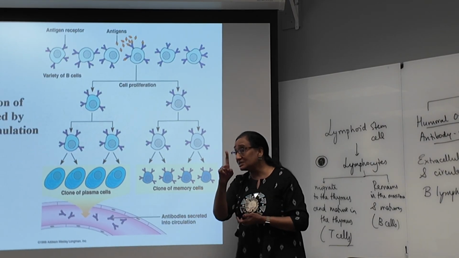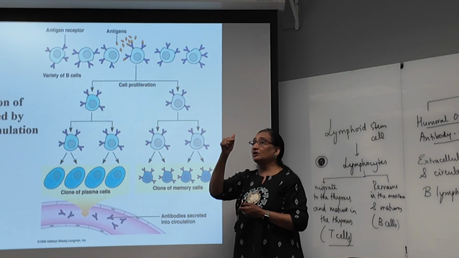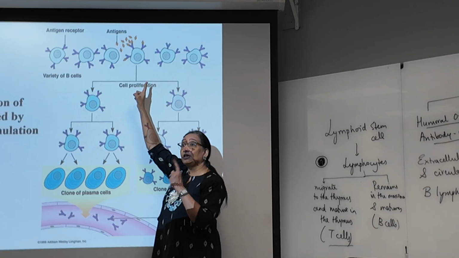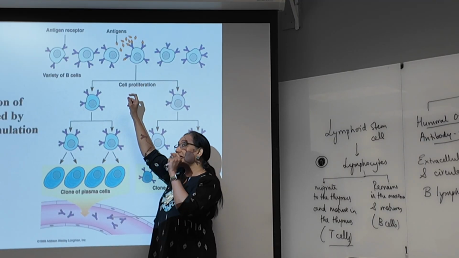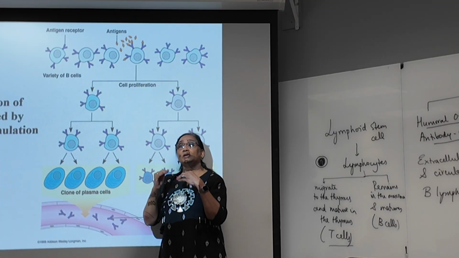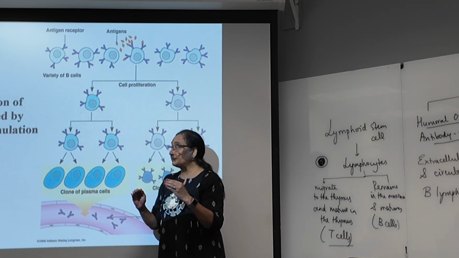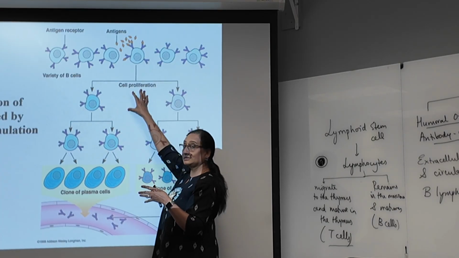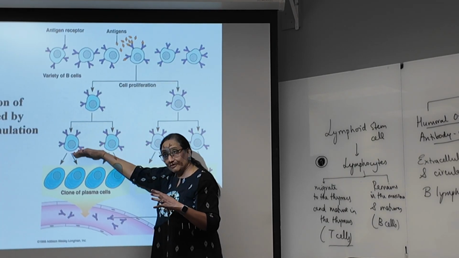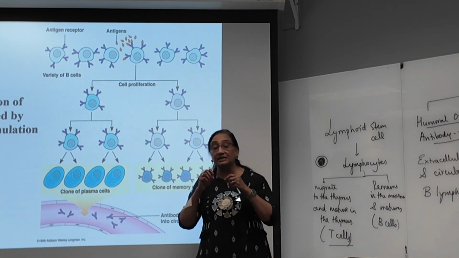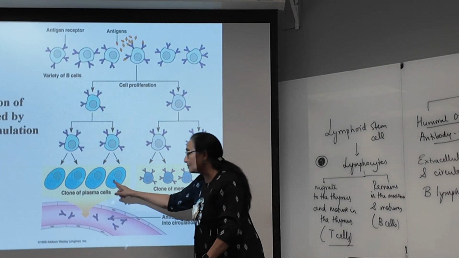So this is the first time. The first time the body is exposed to an antigen, the specific B cell which has the right receptor for recognizing the antigen will start multiplying. Out of the population of multiplied cells, some will convert themselves into plasma cells and start secreting antibodies into the blood.